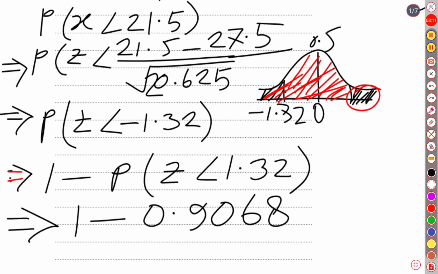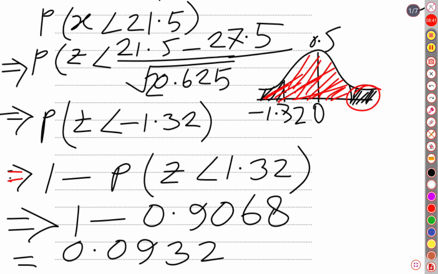In the next video I will show how to find this probability using the normal distribution table. So what is it going to be if we subtract this? It is going to be 0.0932. That's our probability, so it will be our answer.